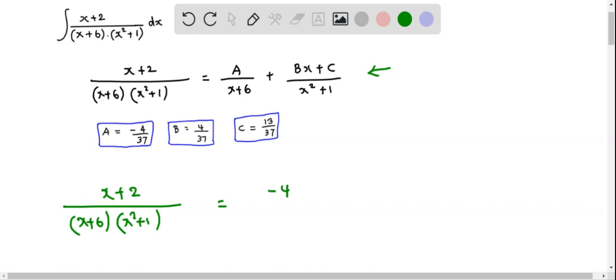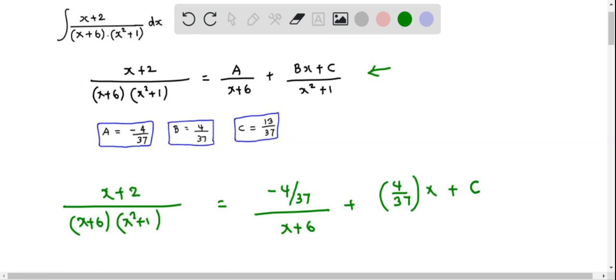So I'm going to replace a by negative 4 over 37 divided by x plus 6, plus bx plus c, that is b is 4 by 37 times x, plus c. I can replace c as 13 over 37. So this is 13 over 37 all over x squared plus 1.